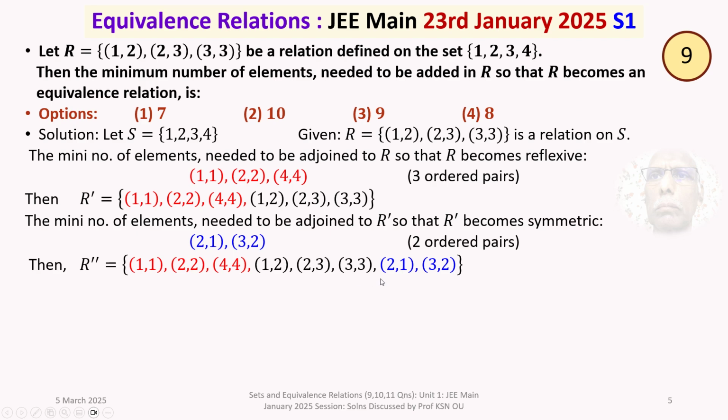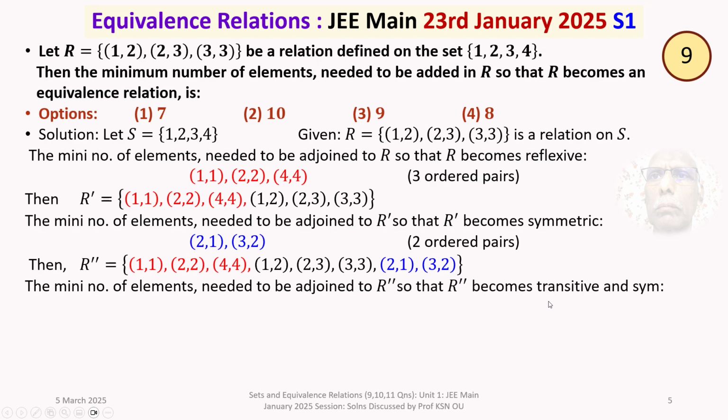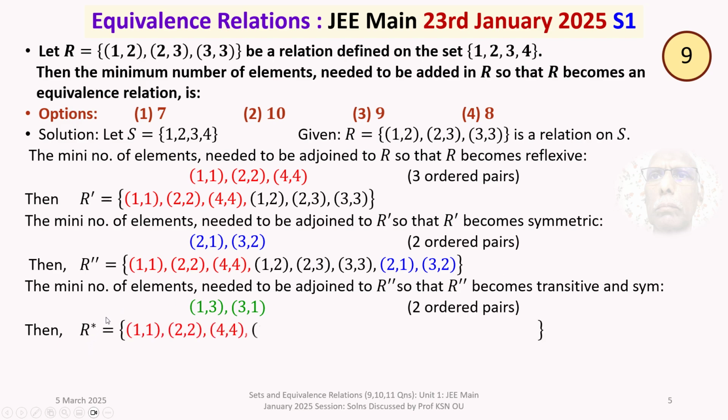So the minimum number of elements needed to be adjoined to R double prime so that it becomes transitive and symmetric, both, are (1, 3) and (3, 1). 2 ordered pairs you have to add. After the adjoinment, this becomes R star. R star is the set of all those, and the adjoined ones are (1, 3), (3, 1).